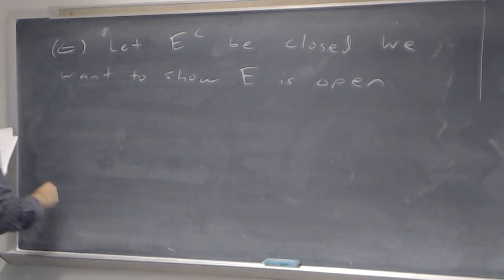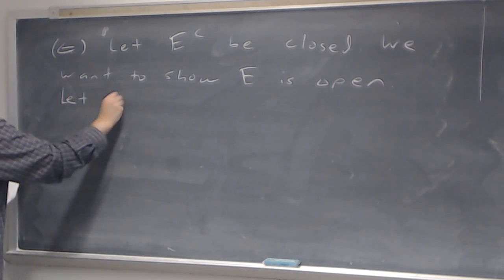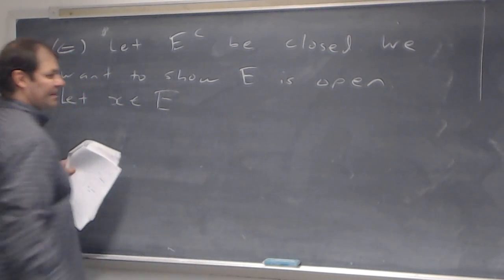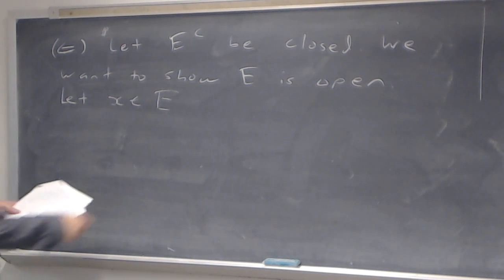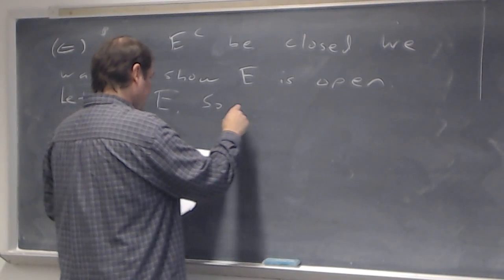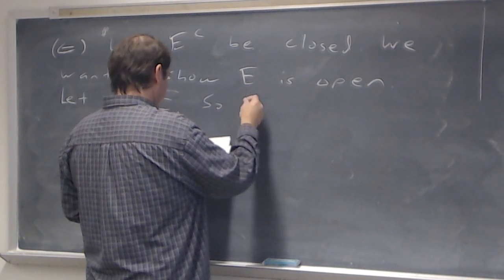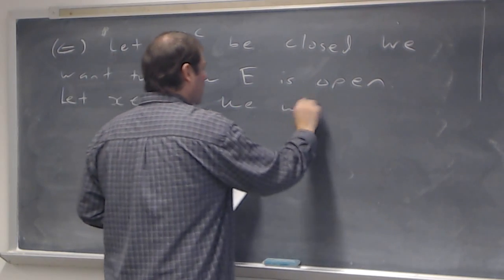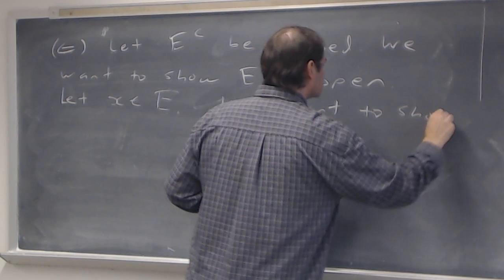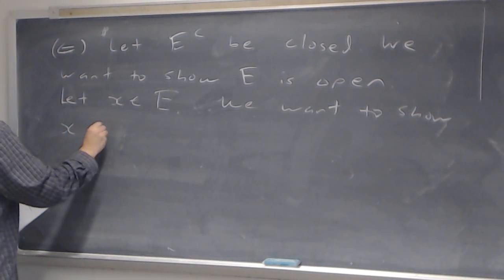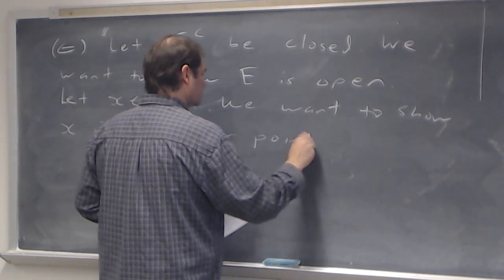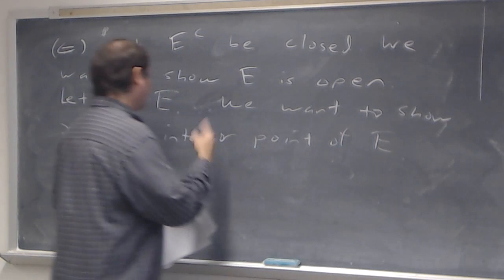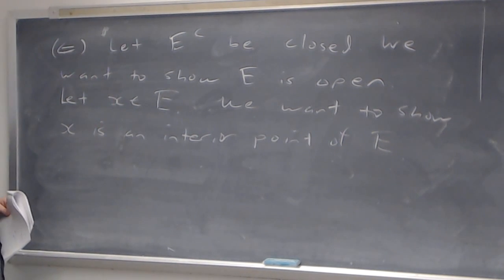And so what we're going to do is let x be an element of E. So it's not the same x I had before, it's just some guy in E. And our job is, we need to show x is an interior point of E. That would mean that E would have to be open, because any arbitrary element of it would be an interior point, and that's what it means for E to be open.